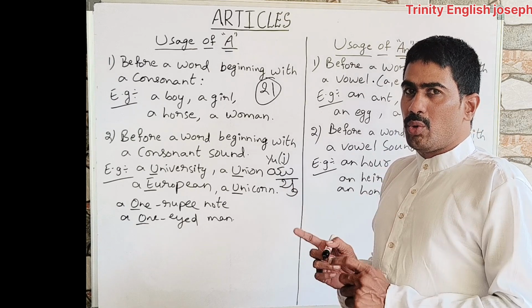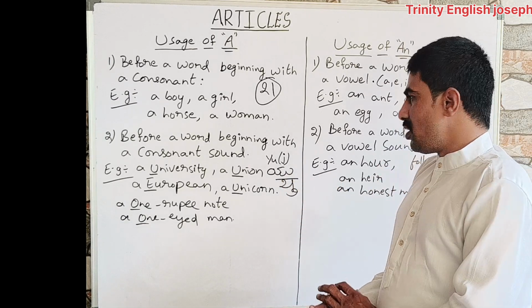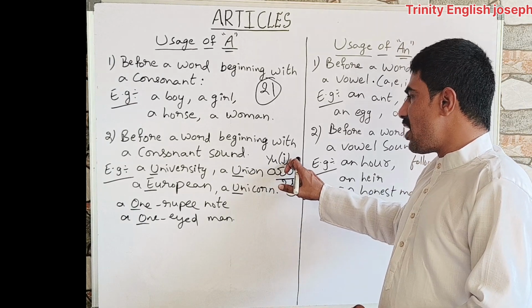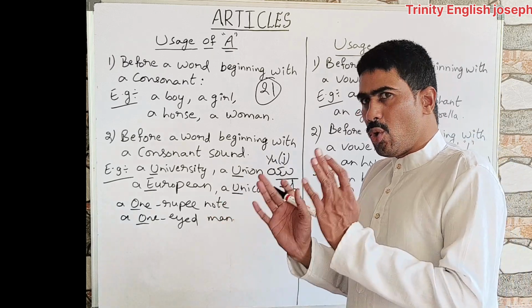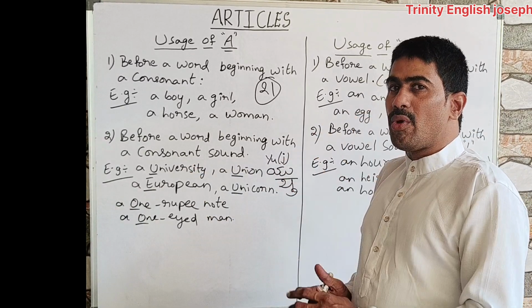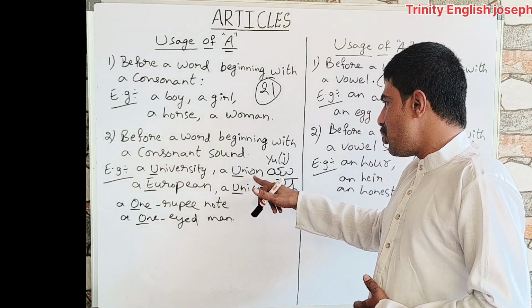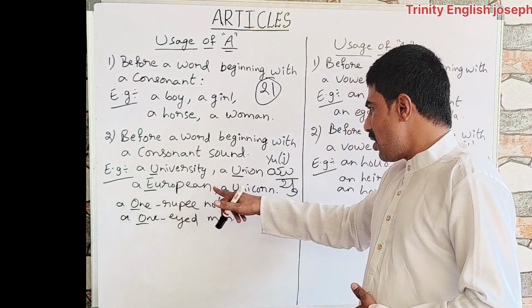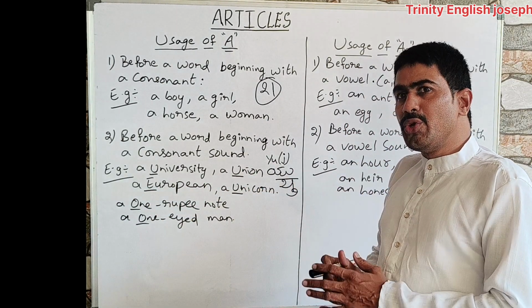If you look into the consonant sounds, which are called phonetics, here we have this particular sound, U, and though the letters are vowels, their sound is a consonant. If you look at a university, a union, a European, a unicorn, the sound U is pronounced.